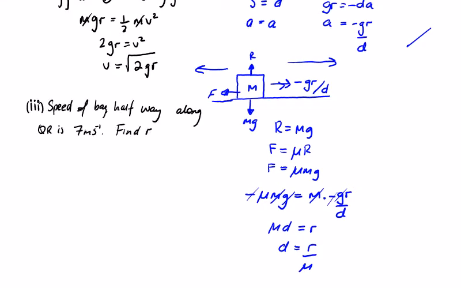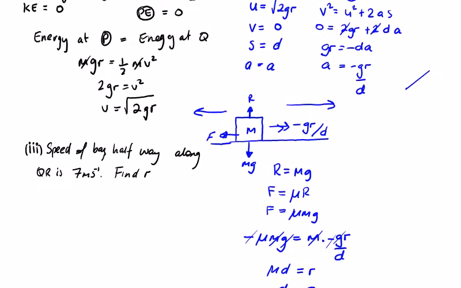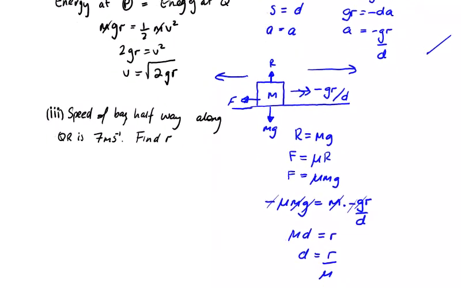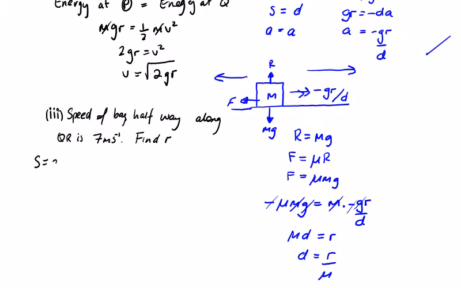Part 3 in this question, the speed of the bag halfway along QR is 7 meters per second. So halfway along here, we have the speed. So the distance is going to be d over 2, half the d. So we can write s is equal to d over 2. The speed is 7. My initial speed was the speed at Q, u, the square root of 2gr.